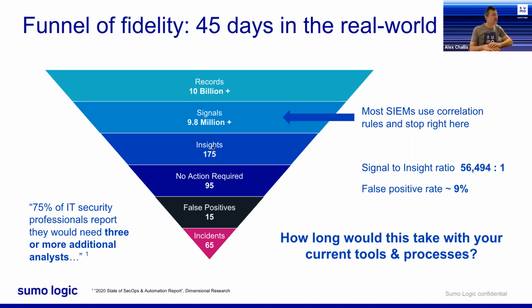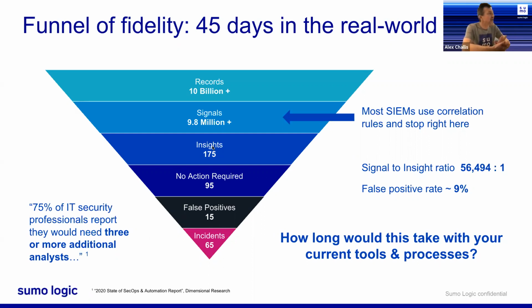And the purpose of insights is to collect together related correlations, related detections automatically, so performing that alert triage process. And in this particular customer, those 10 million signals boiled up to a mere 175 insights. So a tiny proportion of the overall number of records being ingested.